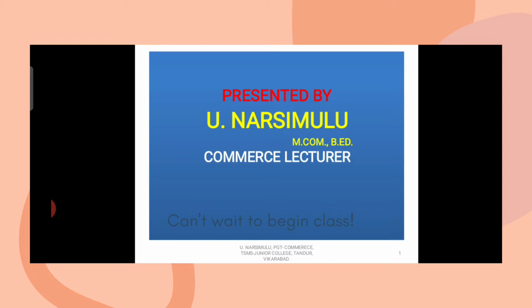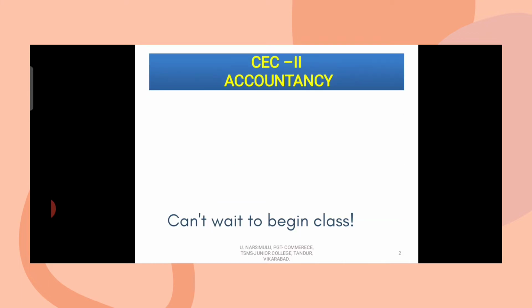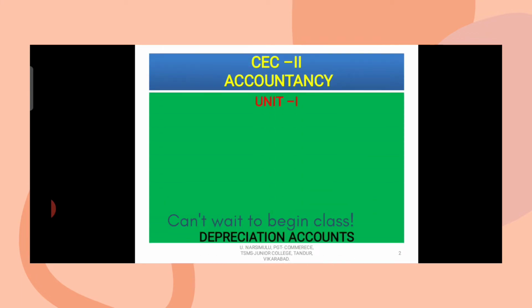You can also understand the various components that we use to calculate depreciation, like cost of asset, installation charges, scrap value or residual value, and estimated useful life of an asset. Here I will explain depreciation accounting from CC second year accountancy.